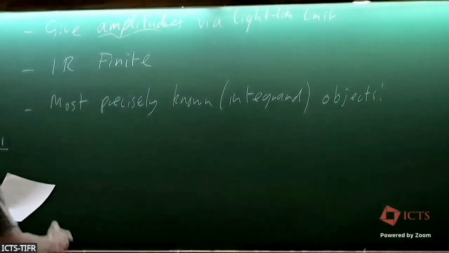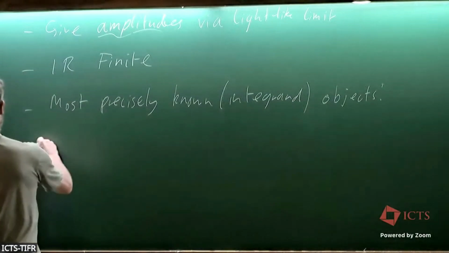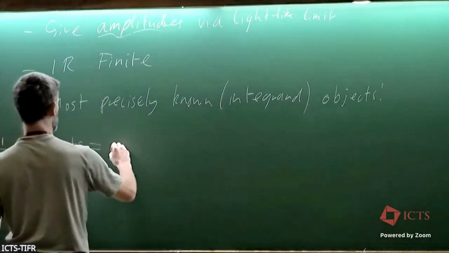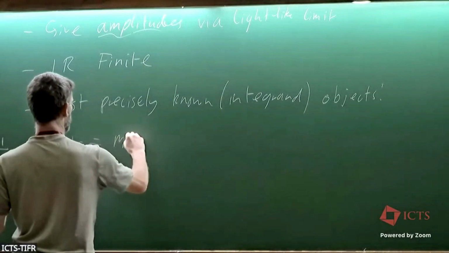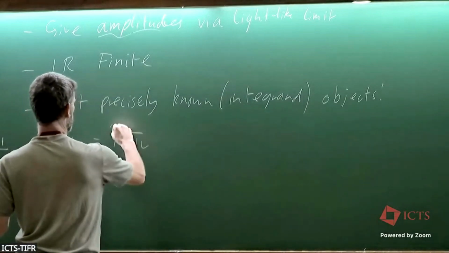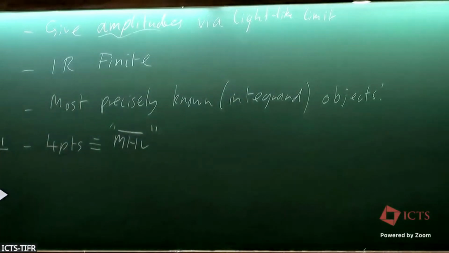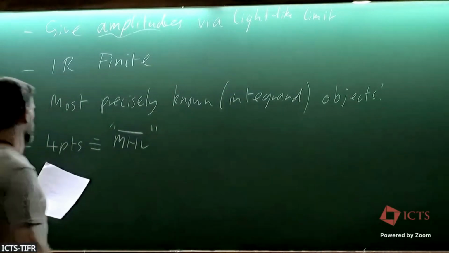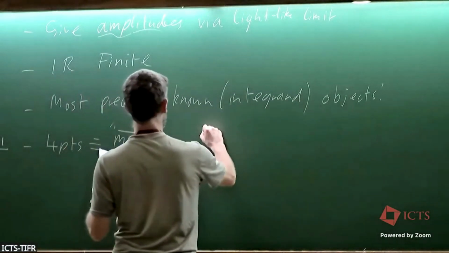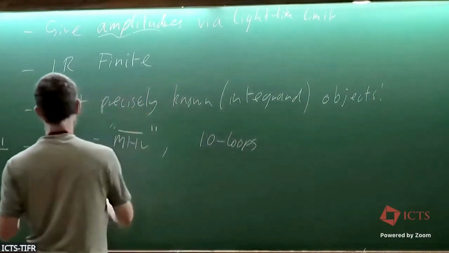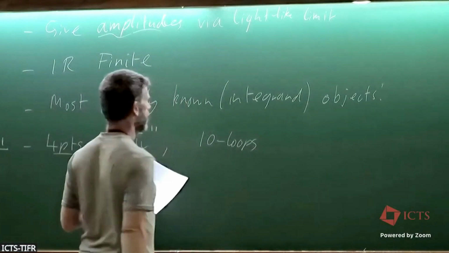So for example, at 4 points, which, as we'll see, is equivalent to what I'll call MHV, but I'll explain what I mean by this shortly. Well, until recently, this was known to 10 loops. So 4 points was known to 10 loops.